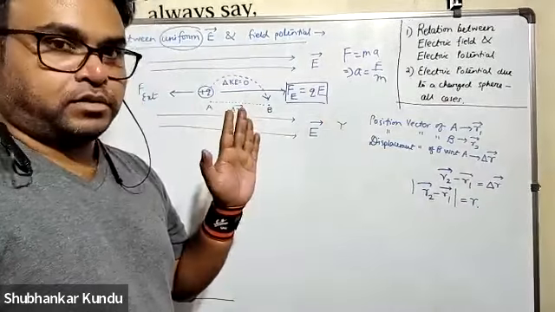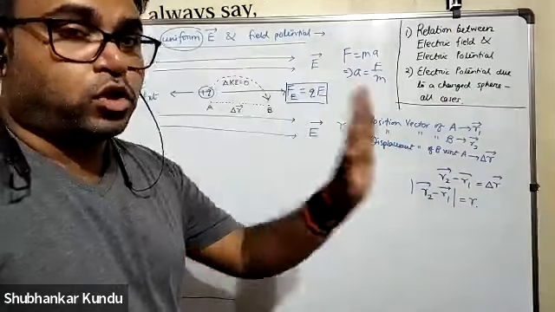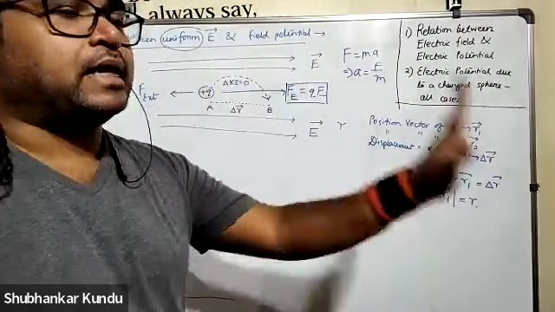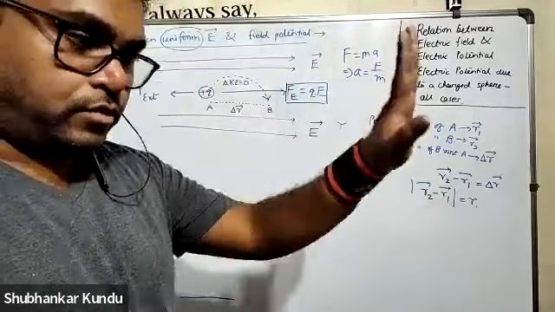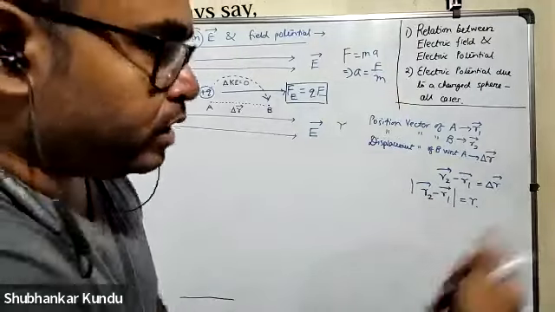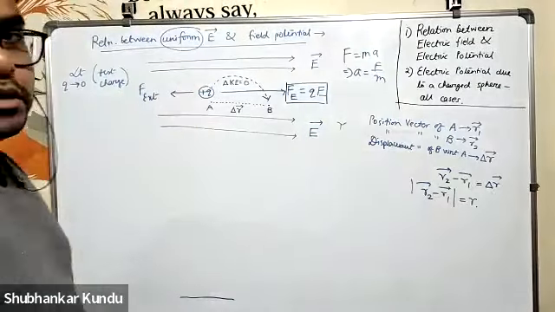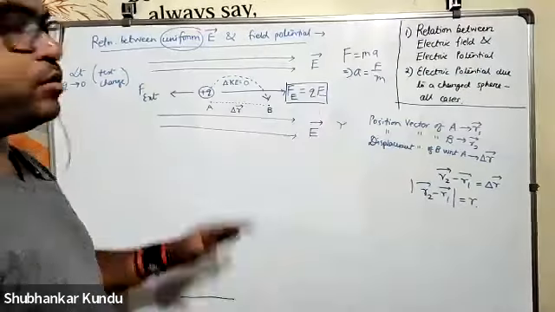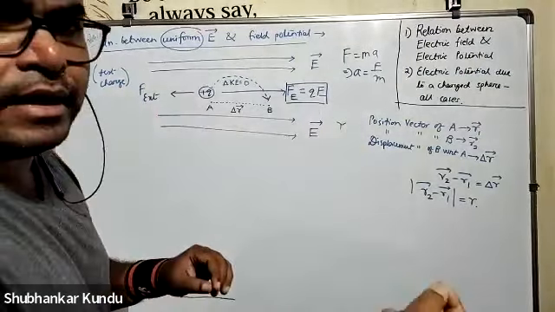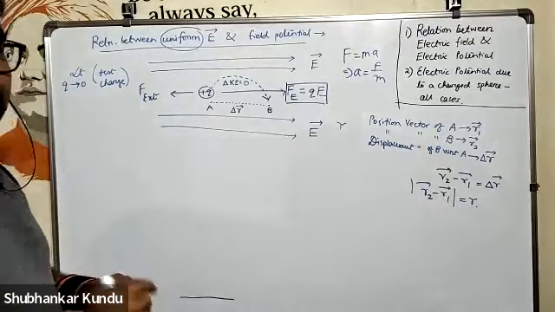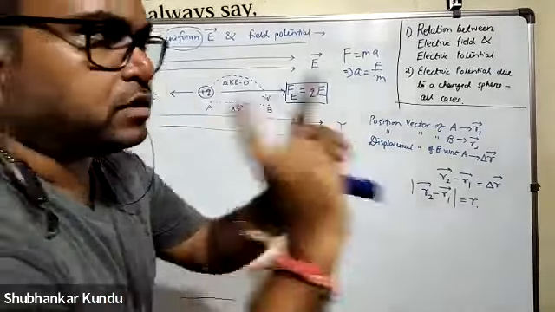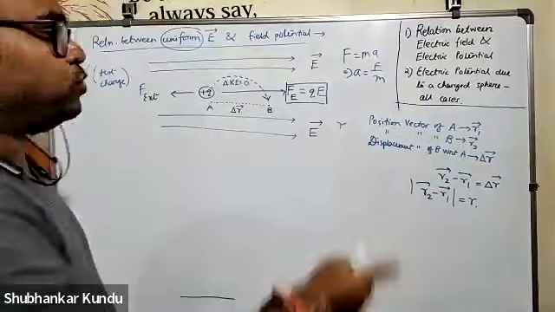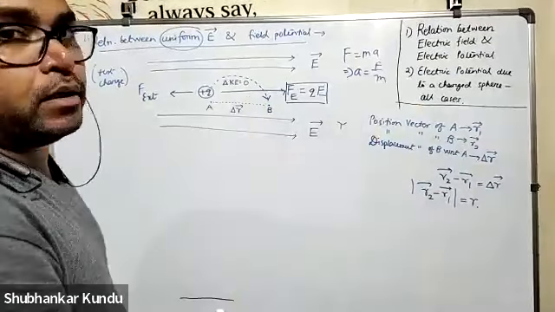So to stop the charge from accelerating in that direction, we applied an external force in the opposite direction whose value is almost equal to the force in that direction. If this is 10 Newton, this value is 9.999999999 Newton, such that there is a very negligible force in this direction. This negligible force will now take this charge from A to B.